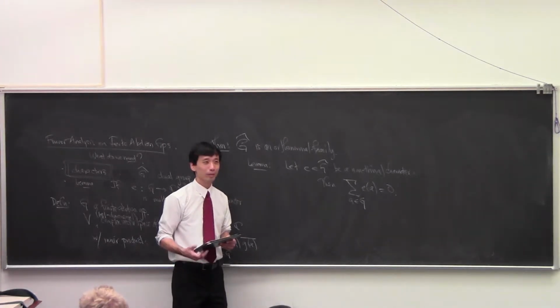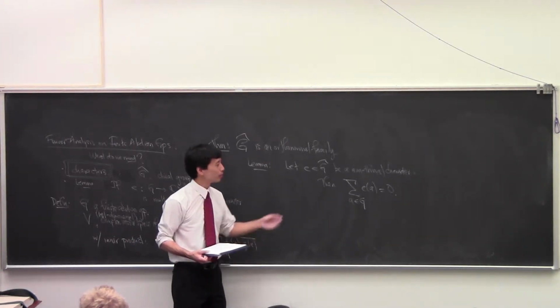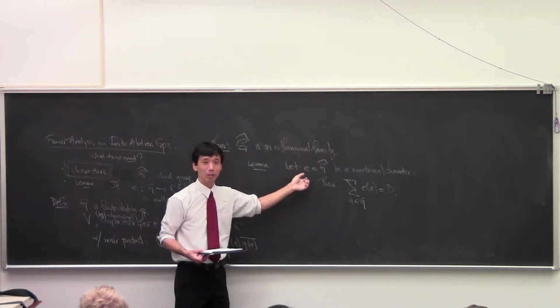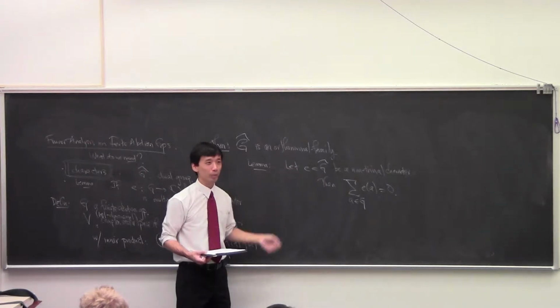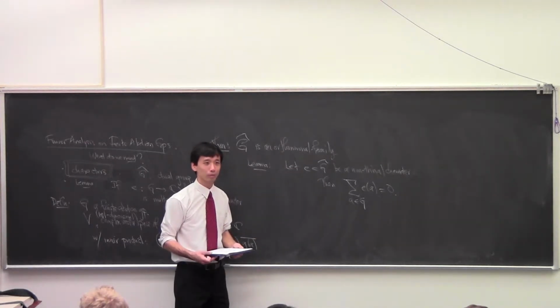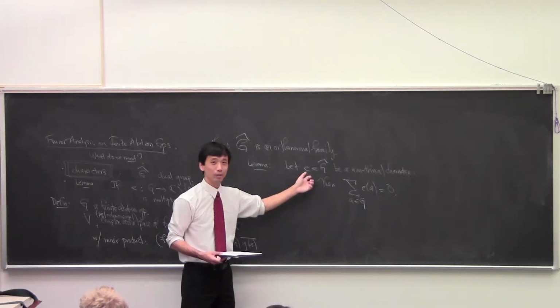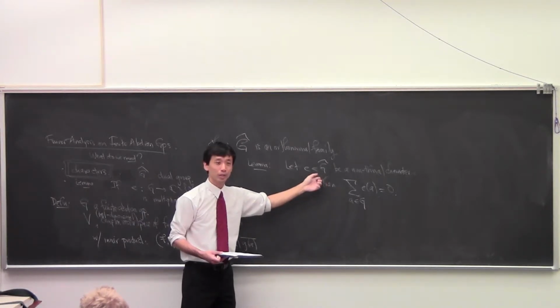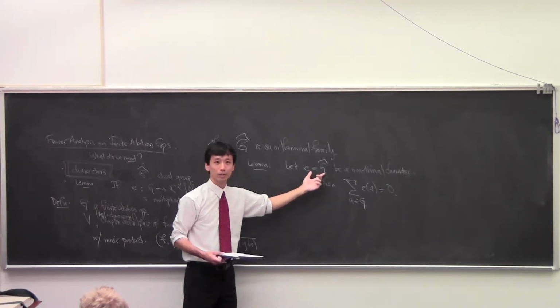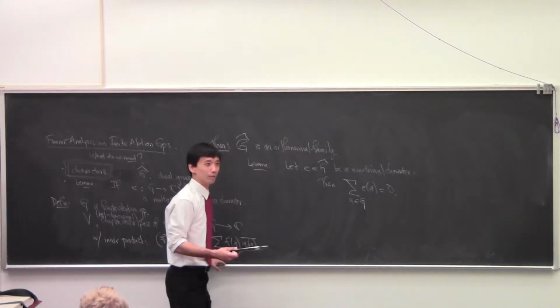Okay. Why is this something that makes sense? If we think back to our previous Fourier analysis, what does this correspond to? Integrating e to the inx. That's right. You're taking an integral, and you're saying that the integral should be zero, unless you've got the trivial character. So this is the analog of that.